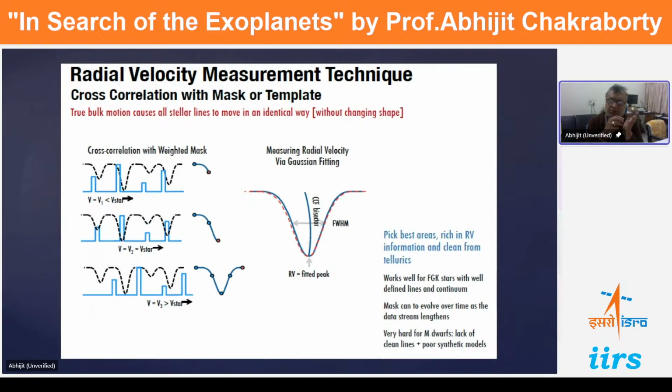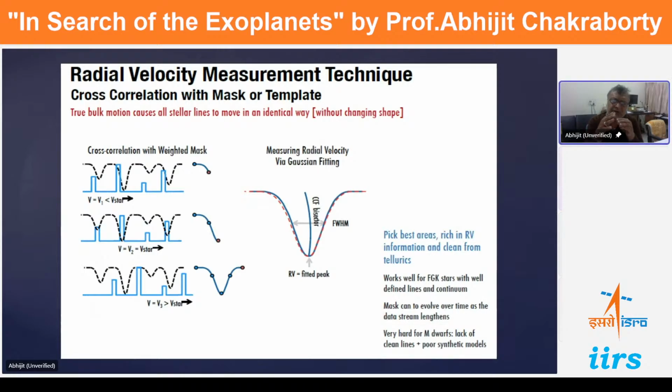So we have to choose specifically photospheric lines, those lines which are arising from the photosphere.